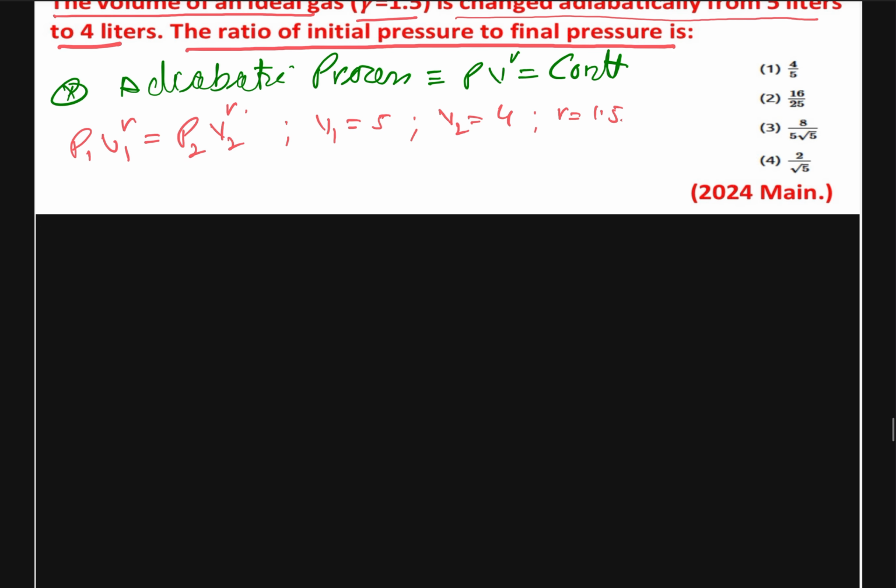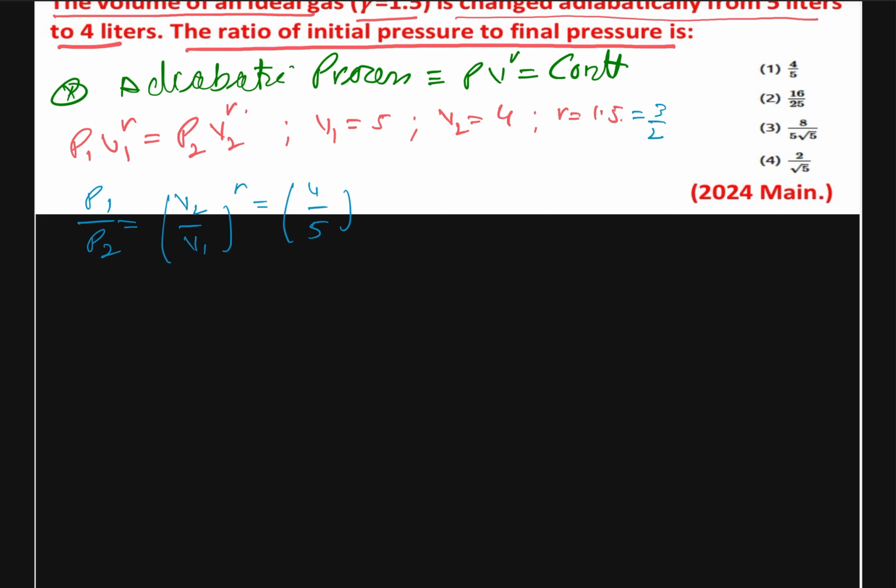Therefore, we can say that our P1 upon P2 is equal to V2 upon V1 whole raised to power gamma. So this comes as 4 upon 5 raised to power 3 by 2.